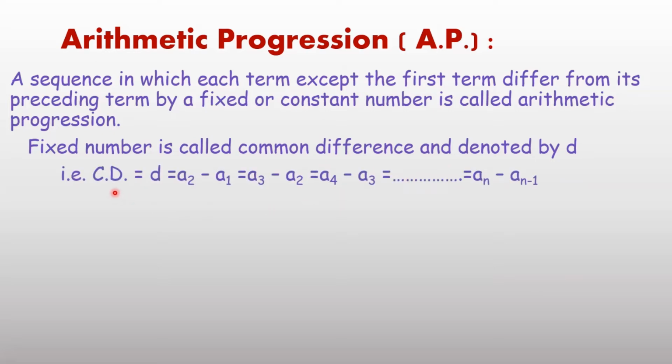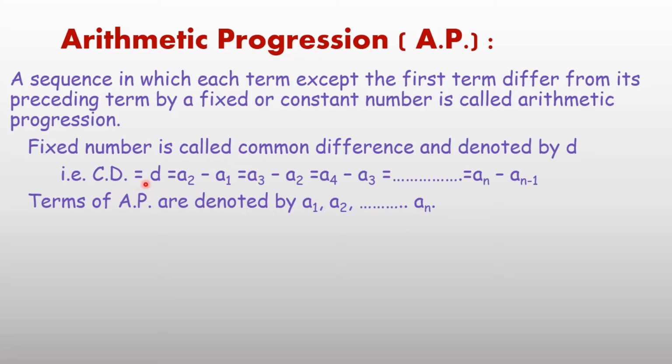It implies if the terms are A1, A2, A3, A4 in the arithmetic progression, A1 means first term, A2 second term, AN nth term.